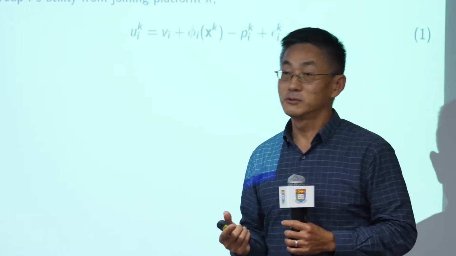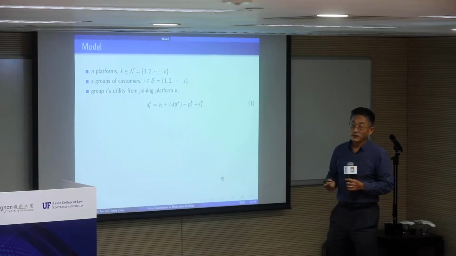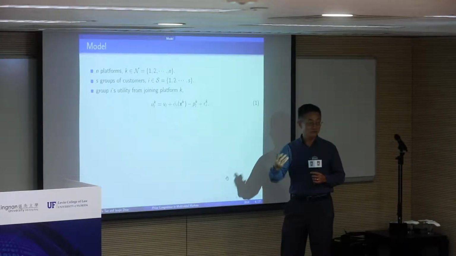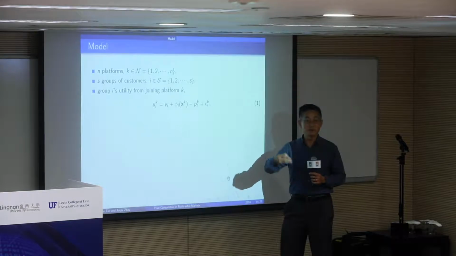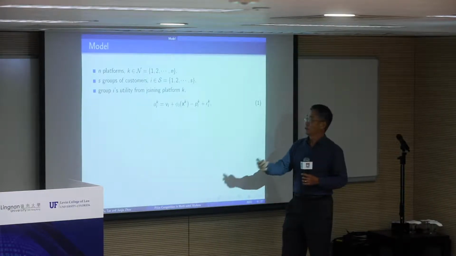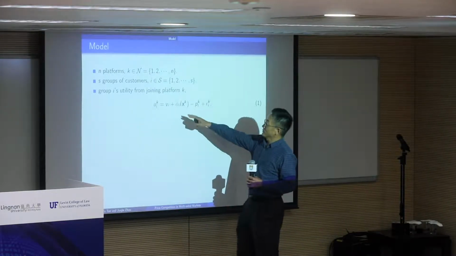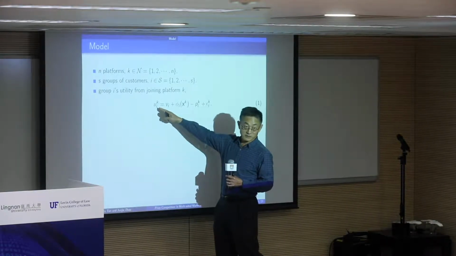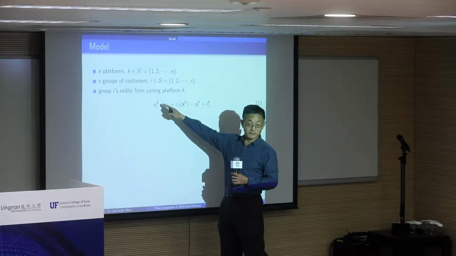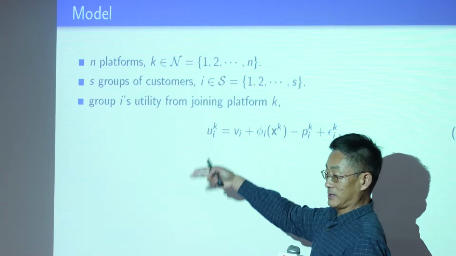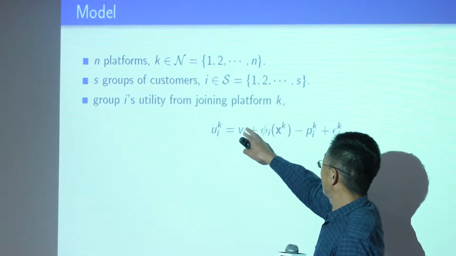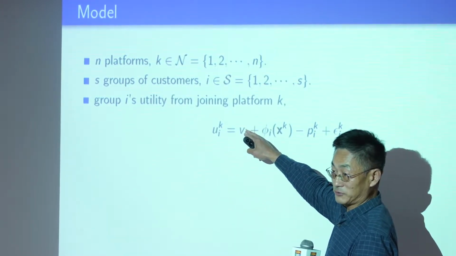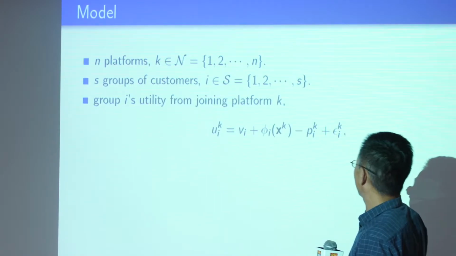Now, how do we specify customers' response to platform service? Typically in the discrete choice model of modeling consumers' choices, like automobile, breakfast cereal, and so forth, we say that if a consumer chooses platform K or product K, there is some intrinsic value to it. Let's just make it symmetric so I don't put subscript K there.